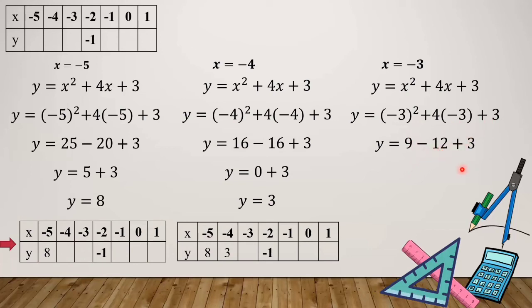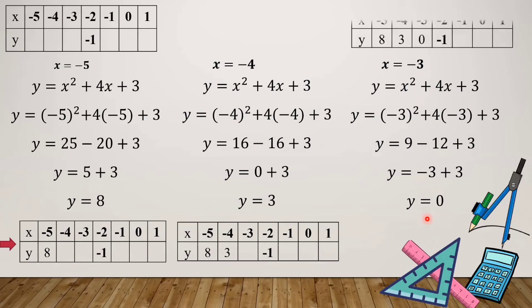Then copy the positive 3. So 9 minus 12 is equal to negative 3. Negative 3 plus 3 is equal to 0. So if the value of our x is equal to negative 3, then the value of our y is equal to 0. So those are the steps or solutions in getting the y value.